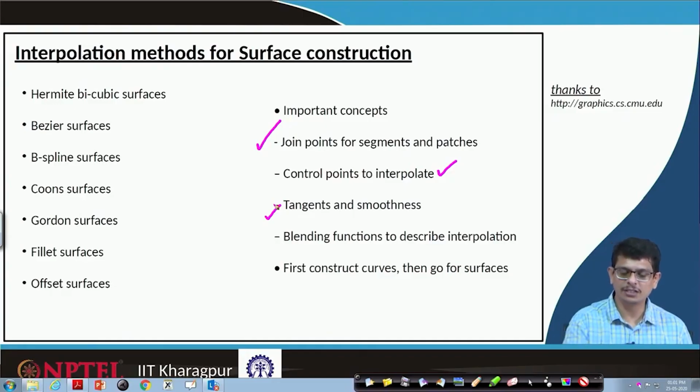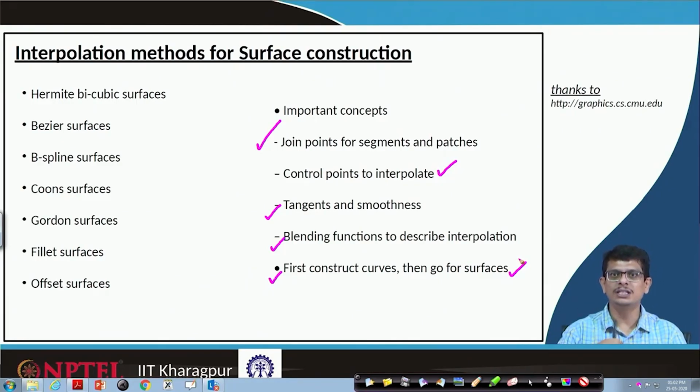Based on that information, we will blend the functions to describe the interpolations, and first we will always construct curves and then we will go on to surfaces. So, any software we use always involves such step by step interpolations.